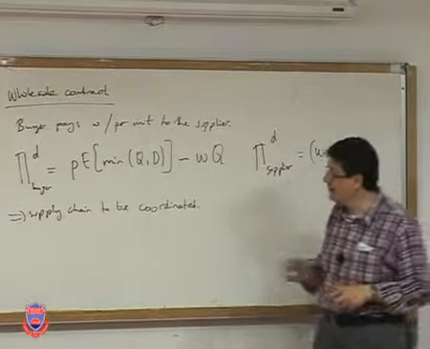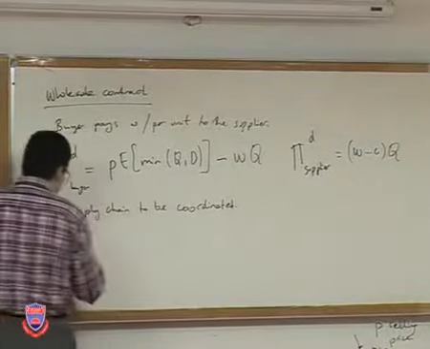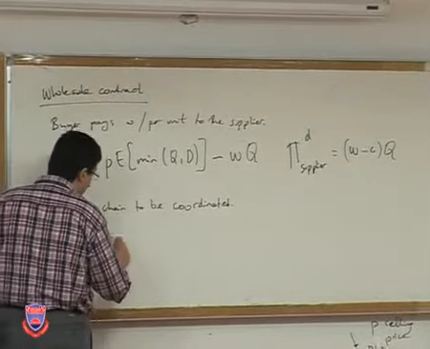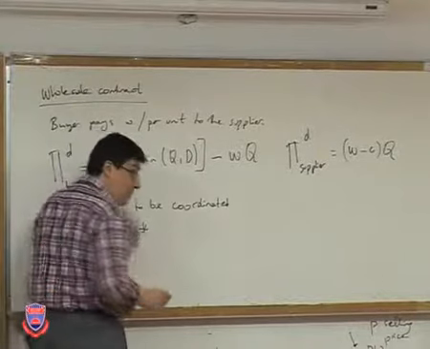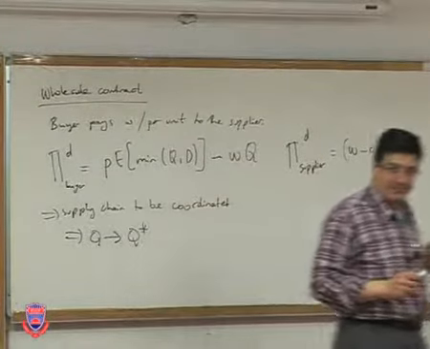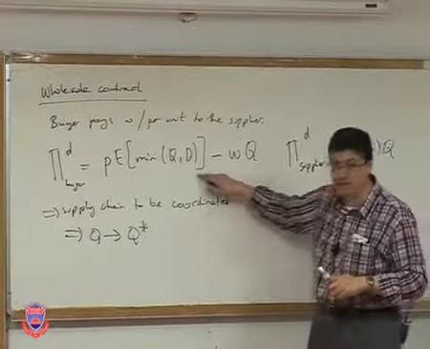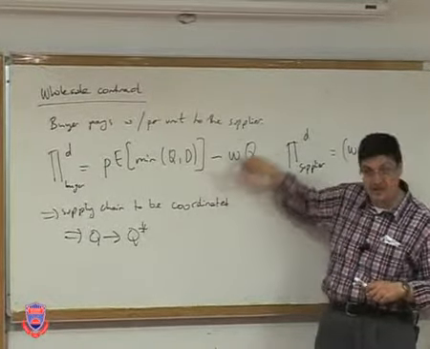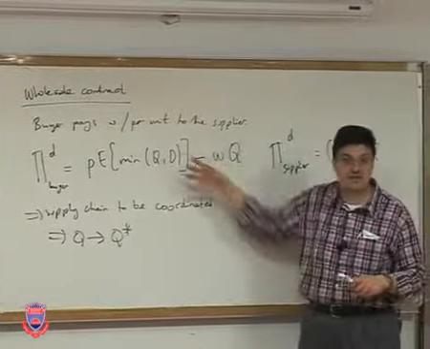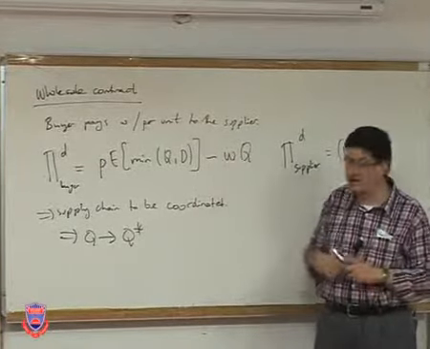Okay? So let's say that we want Q to be the Q optimal of the centralized. Now, if you want to have that, this is the newsboy structure. The buyer is going to make the decision using this function. So what does this mean?